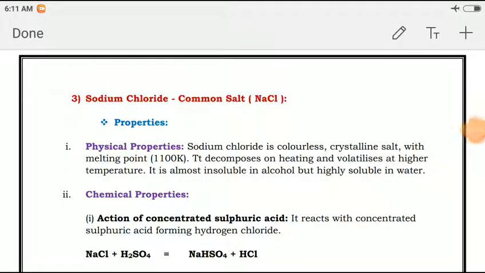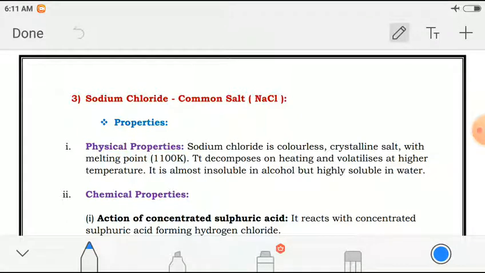Sodium chloride, which is actually common salt, which all of you know, which is used in our daily life, that is NaCl. First, we will see the properties of sodium chloride. First property will be the physical properties.